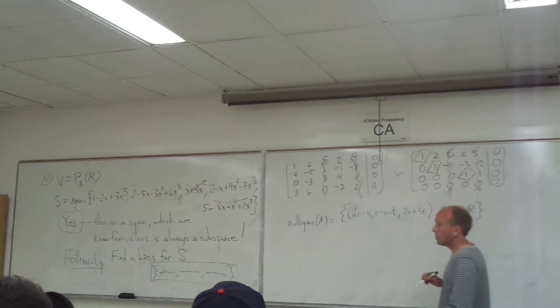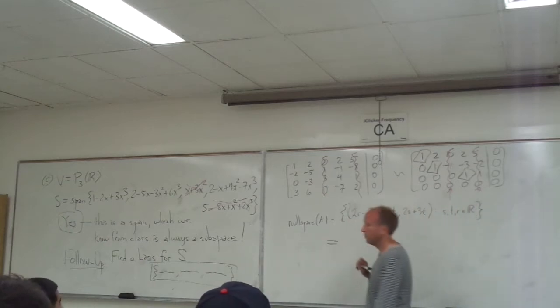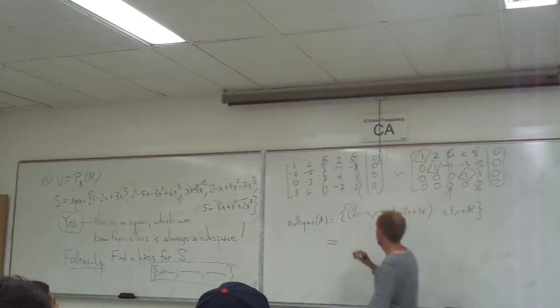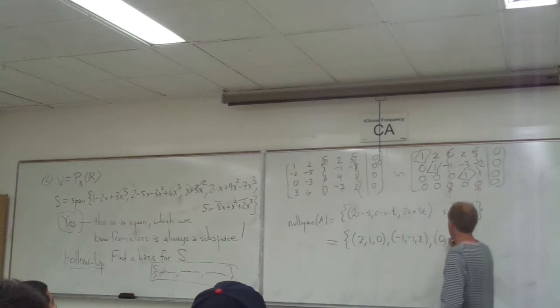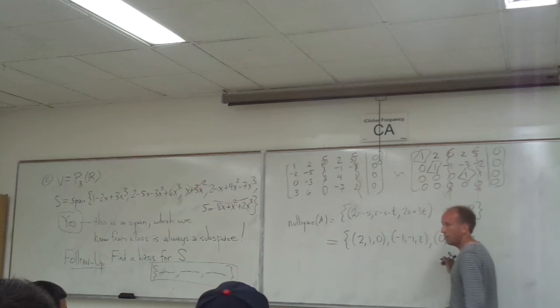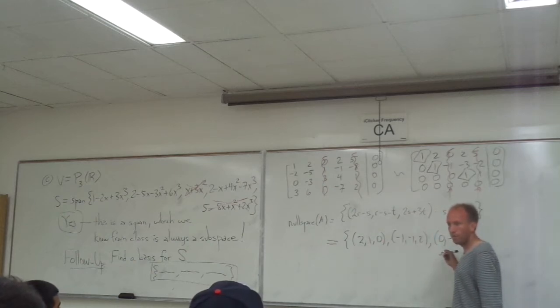Then what I'll sometimes see people do is they'll bust out the variables and write the null space equals (2, 1, 0), (-1, -1, 2), (0, -1, 3). So you bust out the r, the s, and the t, and you get these three vectors, right?